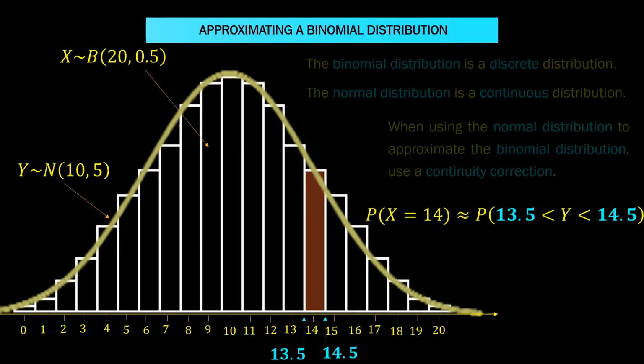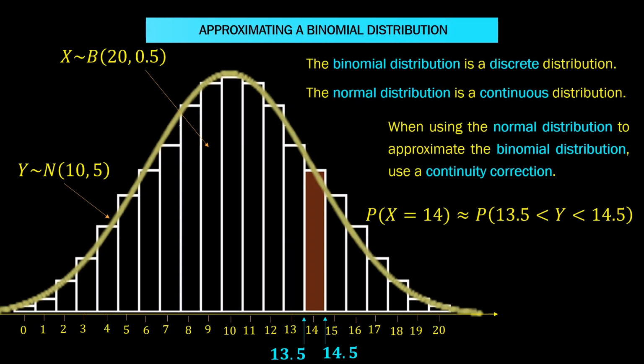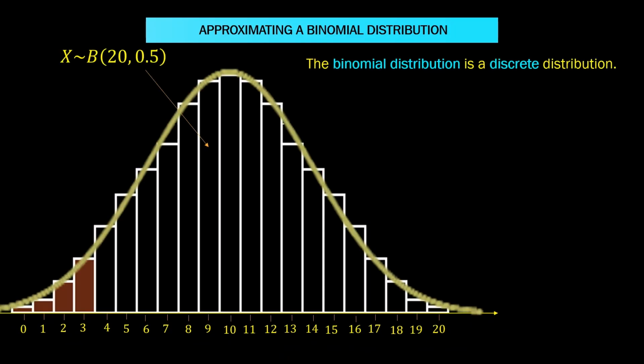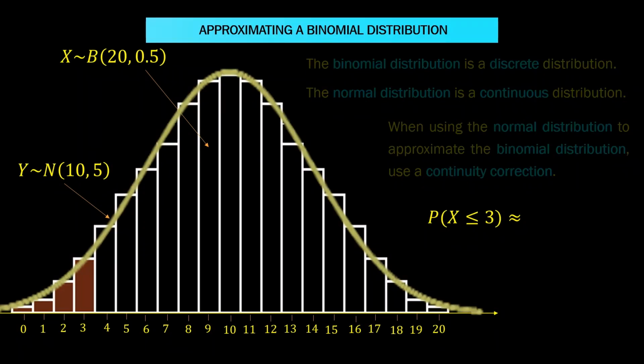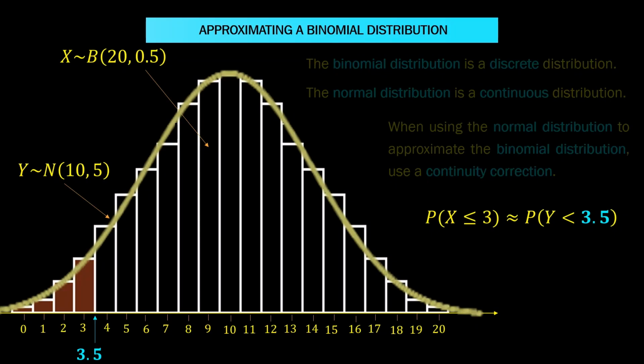And this is called the continuity correction, and we need to implement this when we're converting from the binomial to the normal. And similarly, when we're looking at the probability that x is less than or equal to 3, this is approximately equal to the probability that y is less than 3.5.